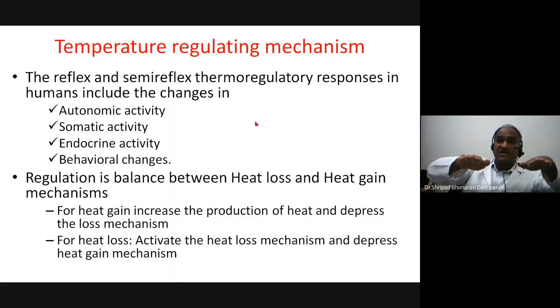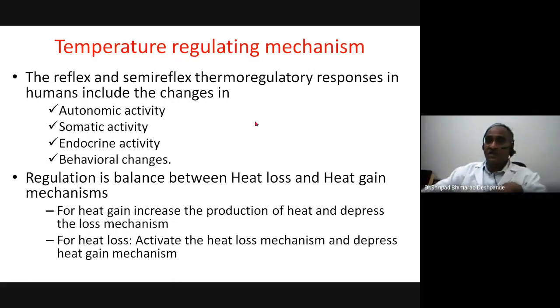That is exactly that. So suppose if I am gaining more heat, more heat loss mechanism should be activated, and if I am losing heat, I should gain. That is how the balance is maintained. This balance is the main regulatory phenomenon. This balance happens through the autonomic activity, somatic activity, endocrine activity, and behavioral changes.